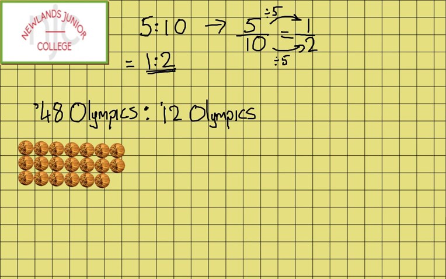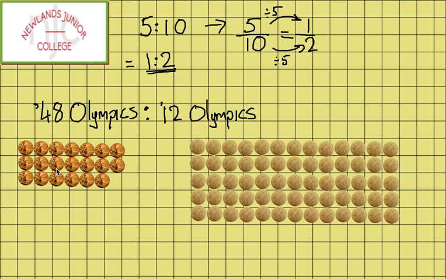How many did they win in the 2012 Olympics? This number of medals in 1948 and this number of medals in 2012 for Team GB. So all you need to do is to write down the ratio between the two and then simplify it.